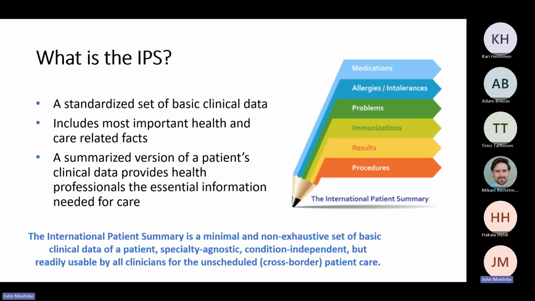So the International Patient Summary is a minimal and non-exhaustive set of basic clinical data of a patient. It is specialty agnostic. It is condition independent, though it contains condition information, but it is readily usable by all clinicians in unscheduled cross-border patient care. That was the original focus, unscheduled cross-border patient care, but we're learning that it's used for things beyond that as well.